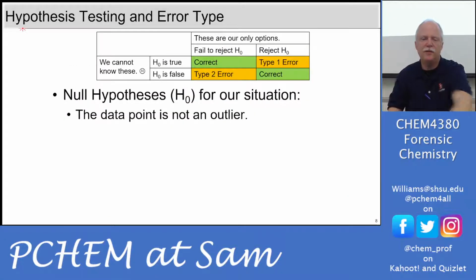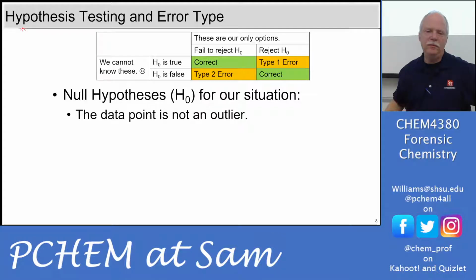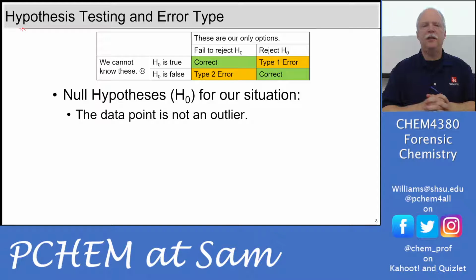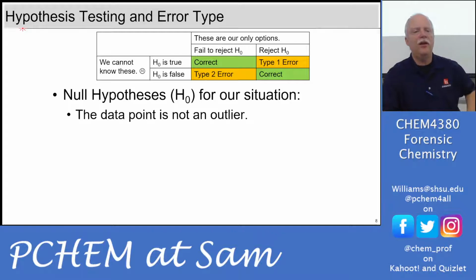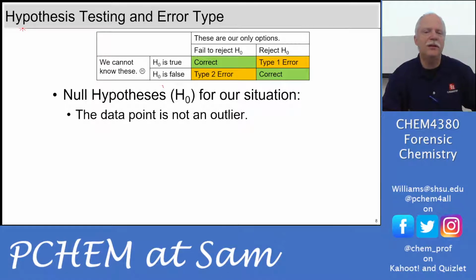So let's look at these different error types. This is where we get into hypothesis testing. And when we do hypothesis testing, we have a null hypothesis. Null is another word for zero, so it's our zero assumption. We're saying that it's H0, this null hypothesis.